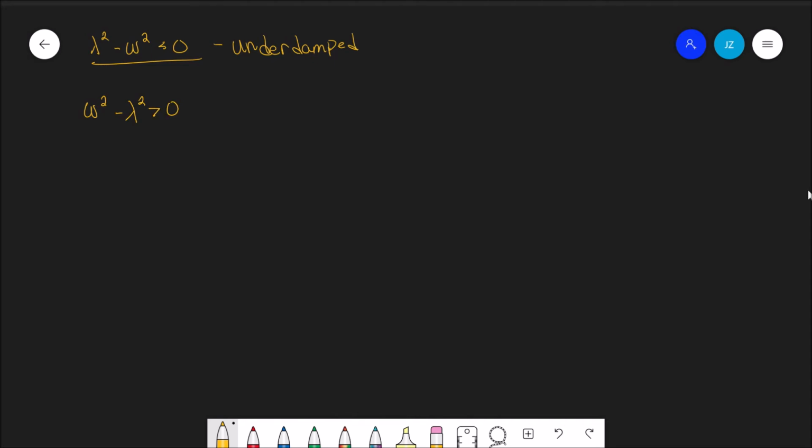So we can write the square root of lambda squared minus omega squared as the square root of negative omega squared minus lambda squared, which is i times the square root of omega squared minus lambda squared. Notice that this now gives us the complex conjugate case.